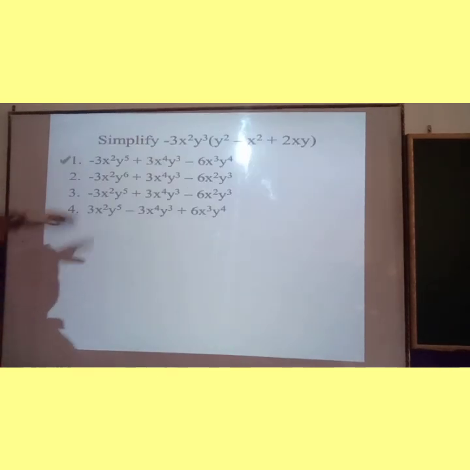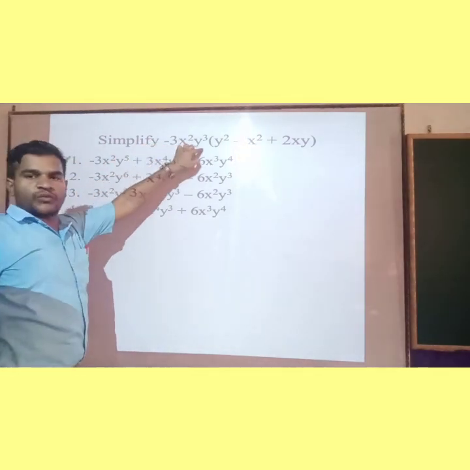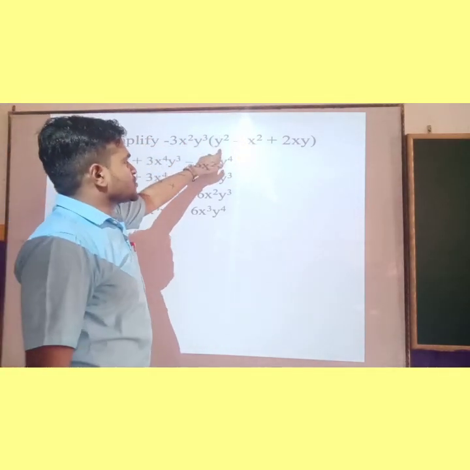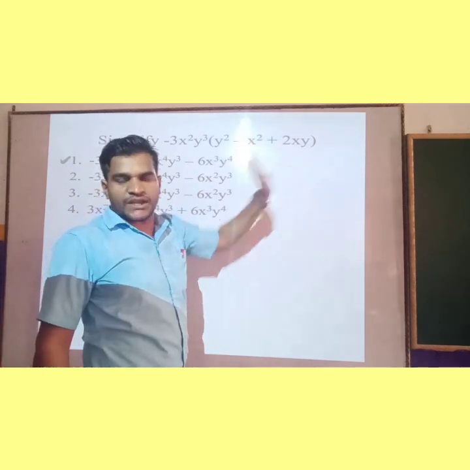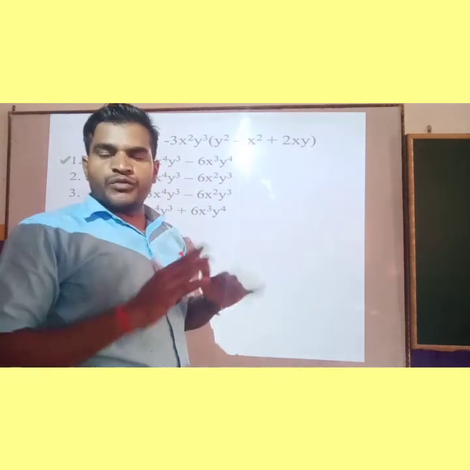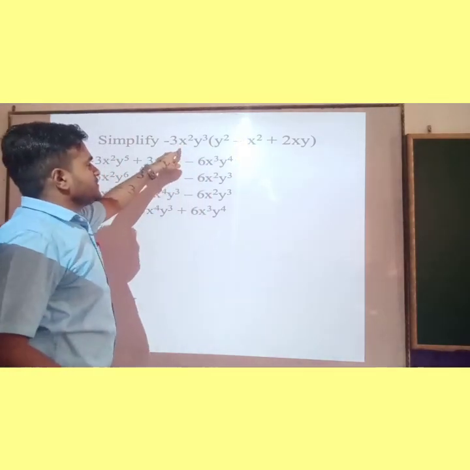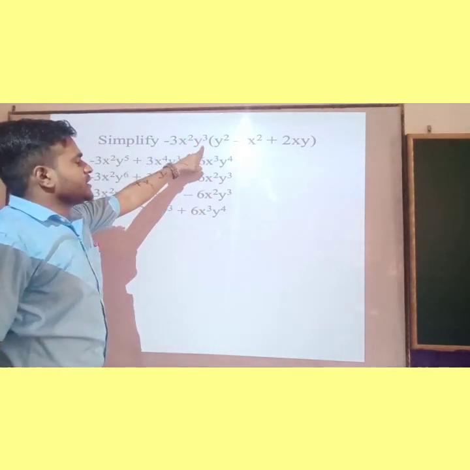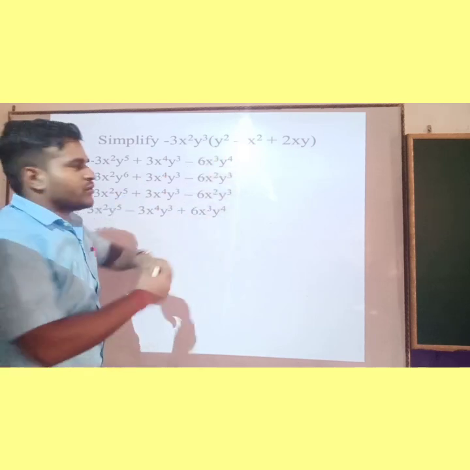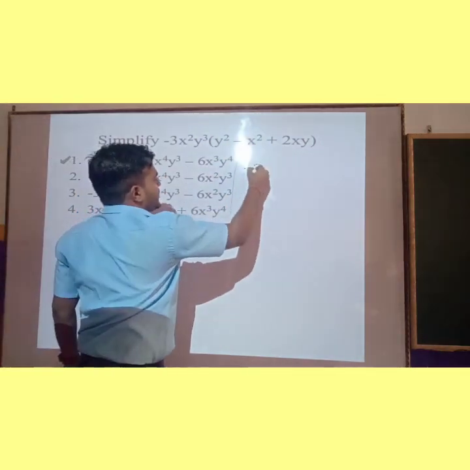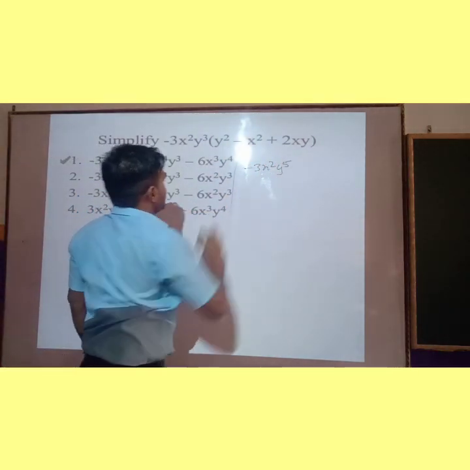Now students, minus 3x square y cube in bracket y square minus x square plus 2xy, that is given. We have to multiply. So minus 3 multiplied by 1, minus 3x square, and y cube and y square, that will be y power 5. So what will be minus 3x square y power 5.